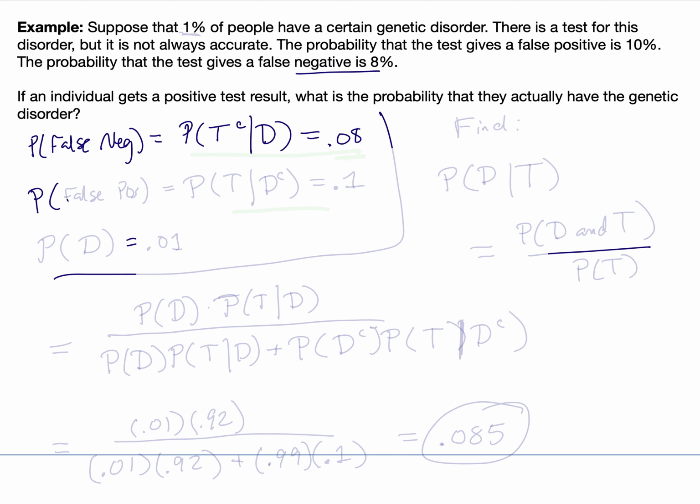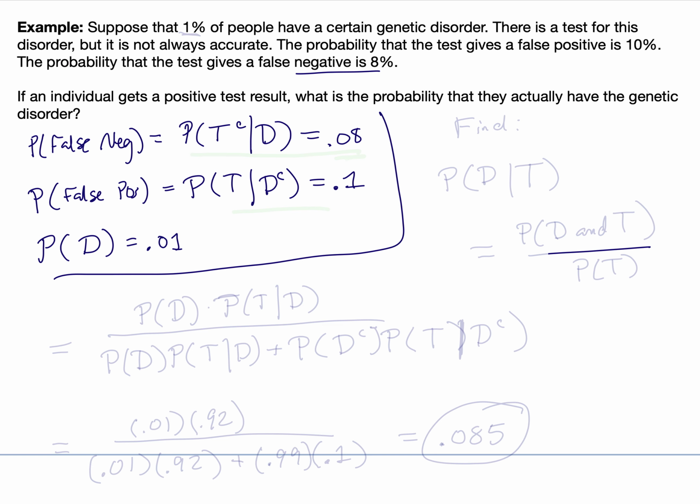The probability of a false positive is the probability that we have a positive test result despite the fact that the subject does not have a genetic disorder, and so that's 0.1. And what else do we have? We have the probability that somebody has the disorder in general. The likelihood of that is 0.01. So those are all the things that we know.